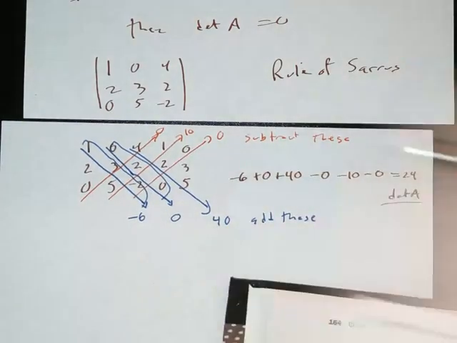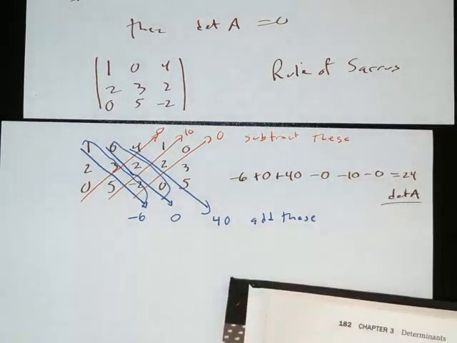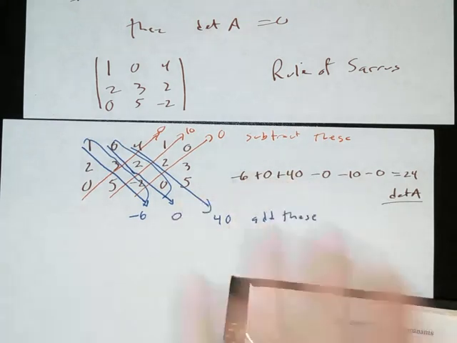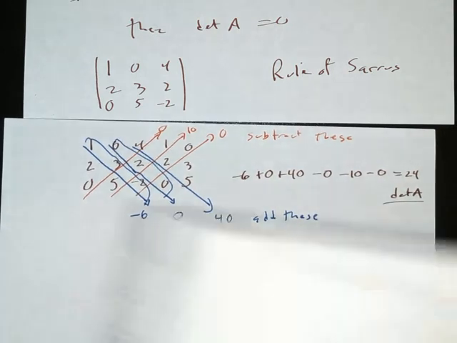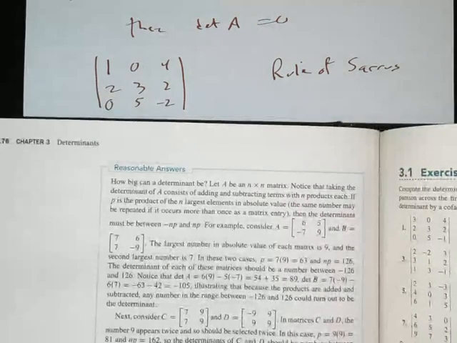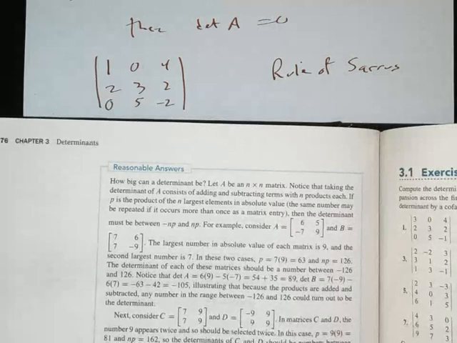So chapter 3, section 2, right? No, 3.1. How big can a determinant be? It's labeled here under reasonable answers. I think you should take a look at that and read that over.